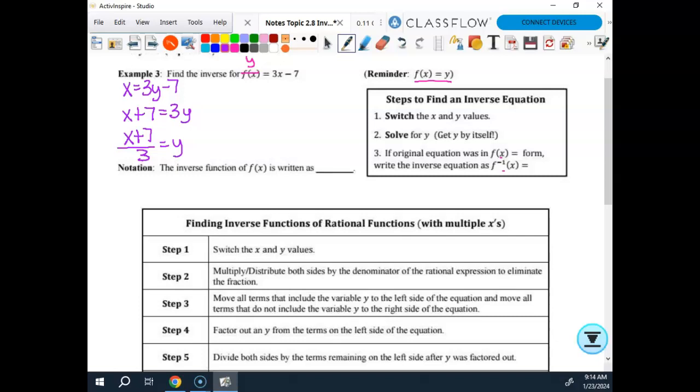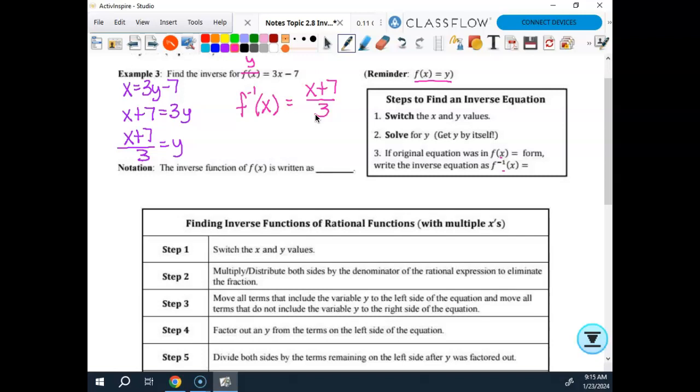So now that we have solved for y, then I can say that f inverse of x is equal to x plus 7 over 3. Learn to just kind of stop. It wouldn't be wrong to write 1/3 x plus 7/3, but you don't need to, so don't do it in case something goes wrong while you make that next step happen. We all good with that?